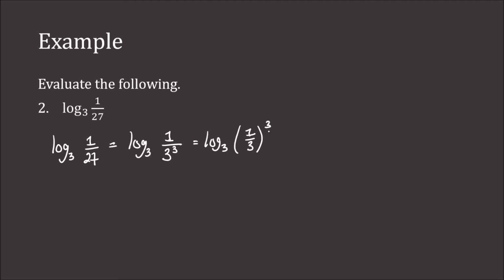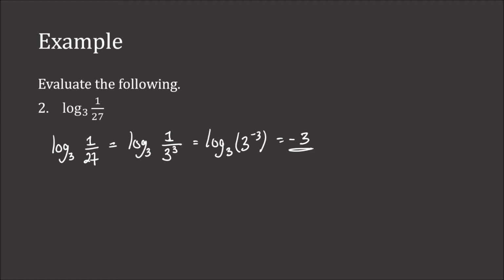I'm sorry, I shouldn't have done that. We want to use a different law of exponents and write this as 3 to the minus 3. There we go. Now the log is negative 3.